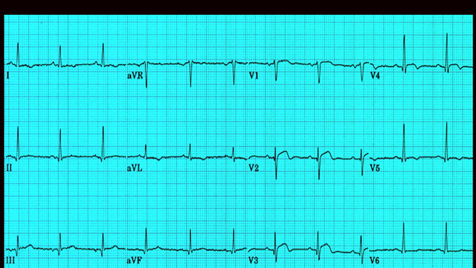And for a normal sinus rhythm, the P wave has to be of normal shape and duration, and it has to be healthy looking, and all the P waves should be of similar shape, size and duration, and every P wave should be followed by a QRS complex.